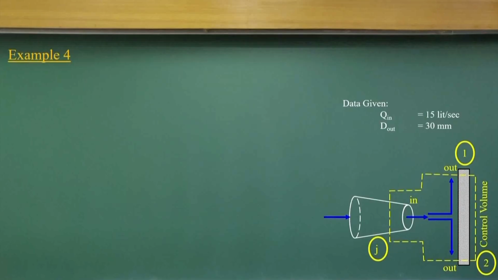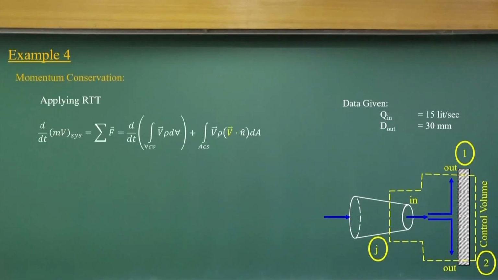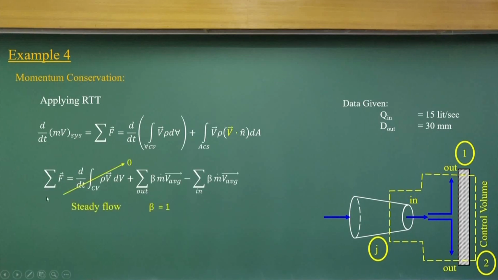Now you apply the momentum equation. The momentum conservation equation we can also apply for this control volume. Another control volume we have considered is where the jet impacts the plate. Then we write the Reynolds transport theorem, where force is equal to these components.